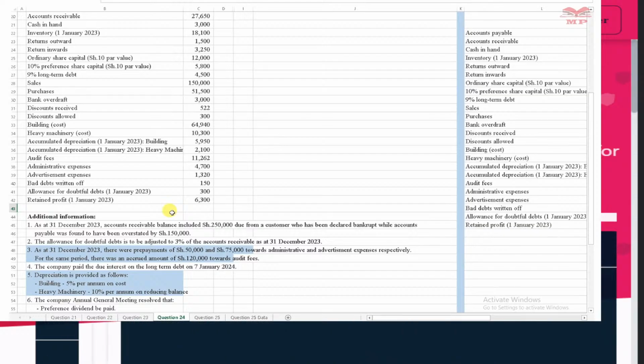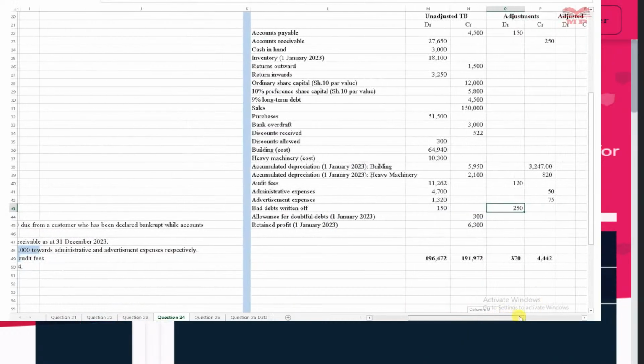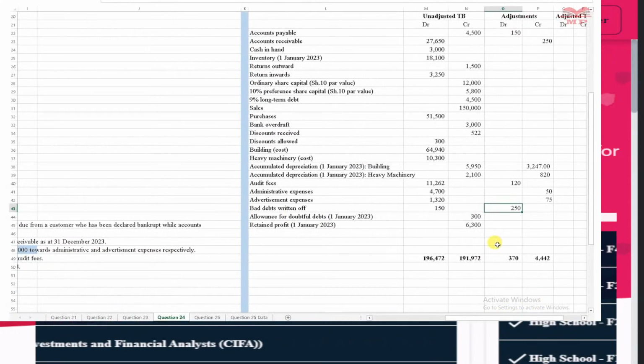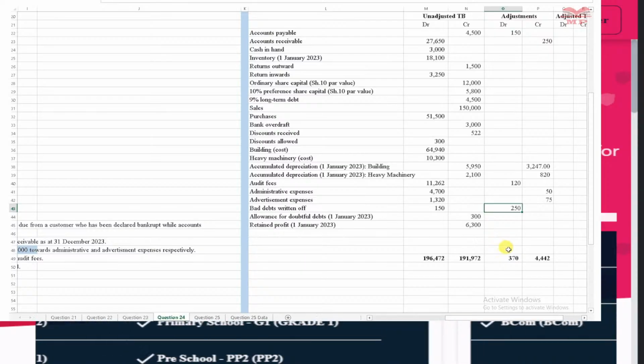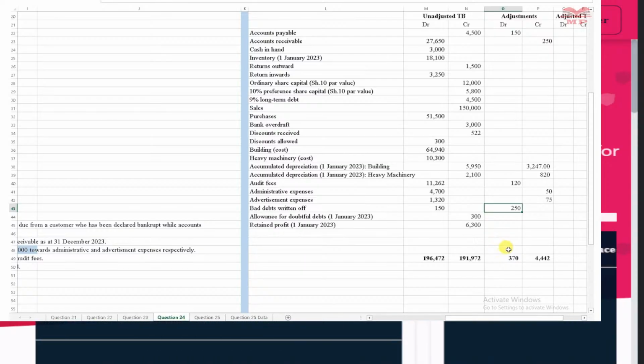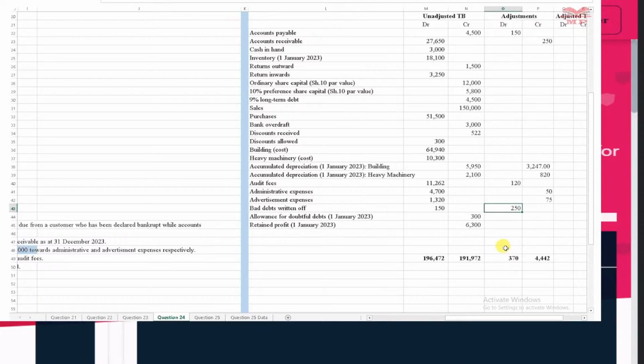Now we'll also need to provide for allowance for doubtful debts. How do we provide for it? We can analyze this a little later on, so let's first of all leave it.